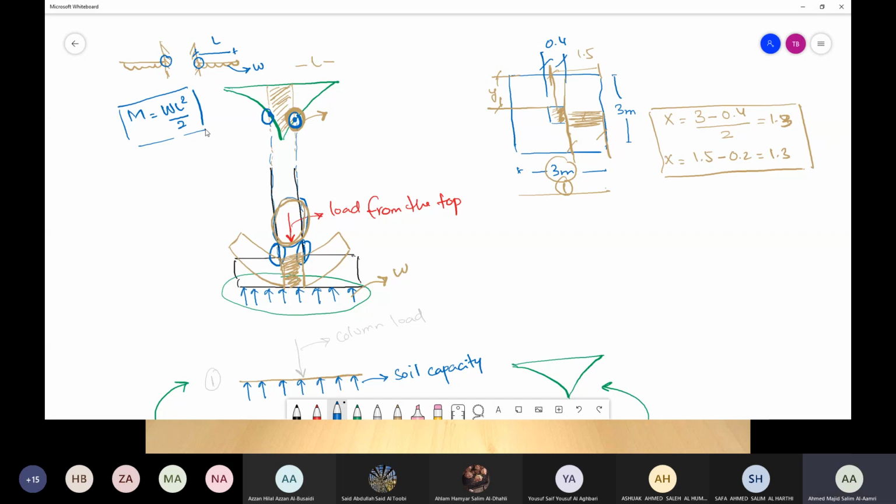Now you see that the whole moment value is depending on the value of L. It means that if your L value is different from side number 1 to side number 2, then you will be having two moments, not one moment. Do you agree with me?